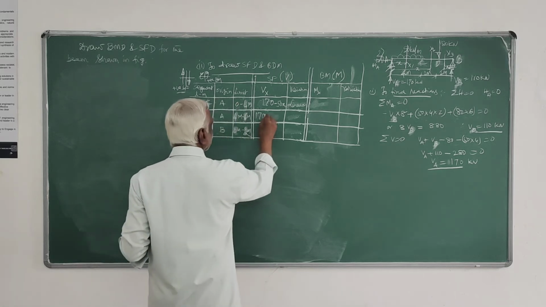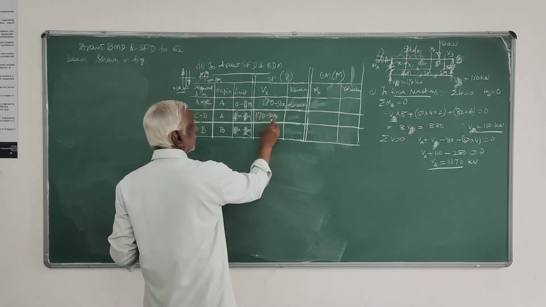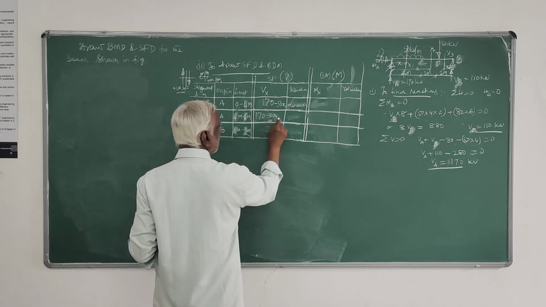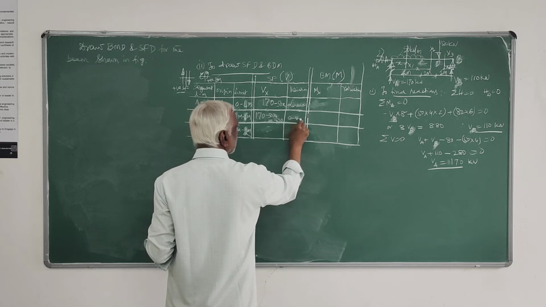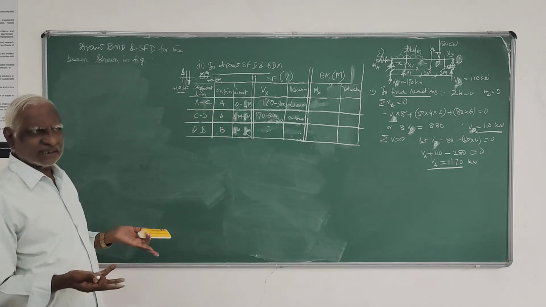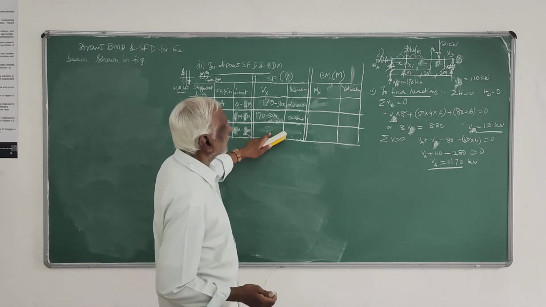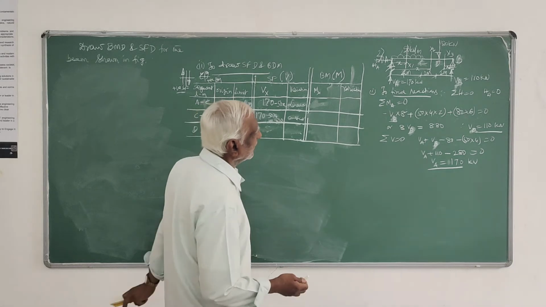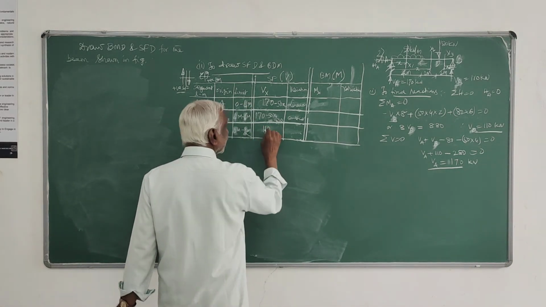So 170 minus 200 is minus 30. So this is constant. Then in this portion, it is again 110 acting up.